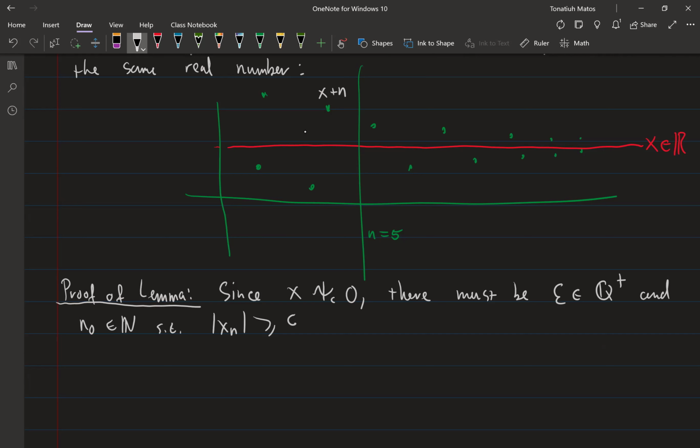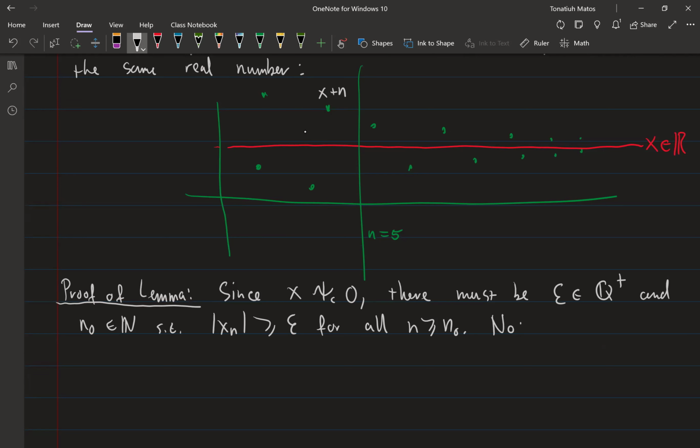So they are bigger than epsilon, because otherwise they would be approaching 0. So eventually, you can always find a positive distance between xn and 0, right? That's just the definition of being a Cauchy sequence.